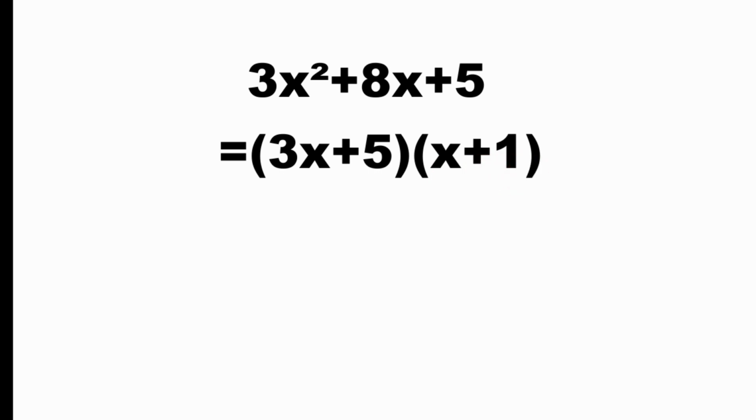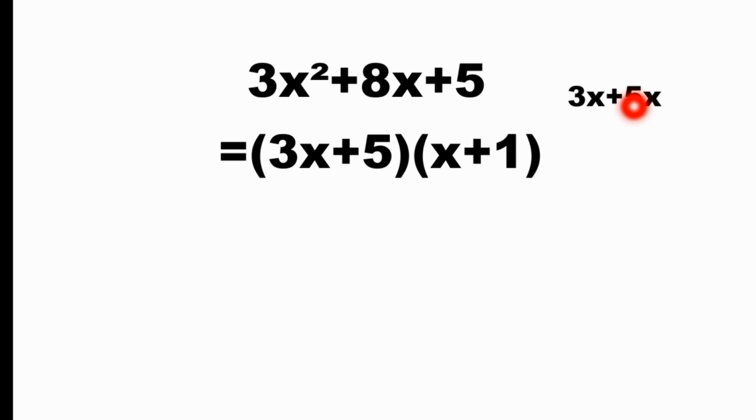If we multiply this, we have 3 times 1 and 5 times x, so we have 3x plus 5x.